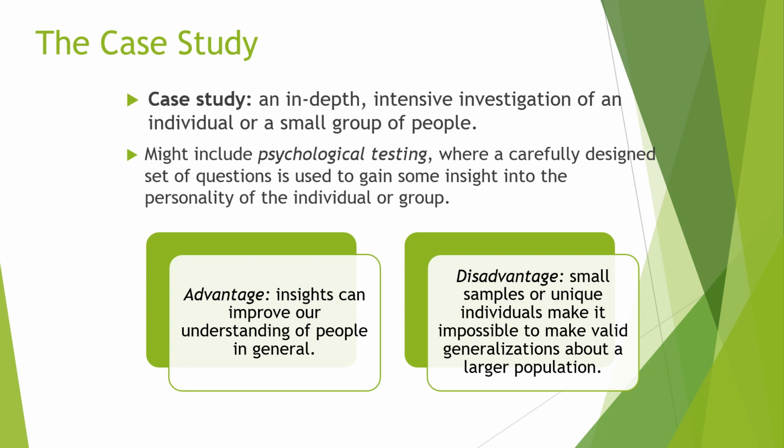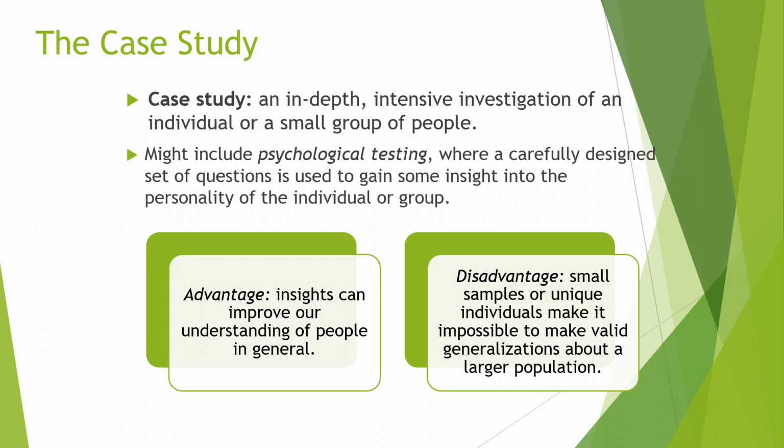The disadvantage is that it's usually a very small sample, as we said, one individual or a small group of individuals, and that would make it impossible to make a valid generalization about the larger population. So again, I would not say that the way Johnny behaves is the way that all individuals with schizophrenia are going to behave.